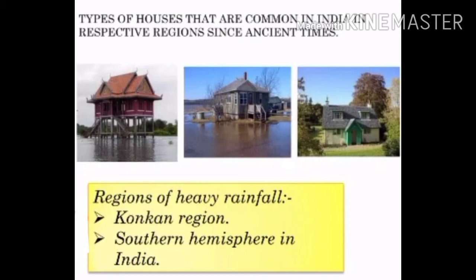In this type of region, the house construction is completely different, especially in areas in the Konkan region, that is in Maharashtra, and the southern part of India. We see this type of construction so that water doesn't accumulate on the roofs.